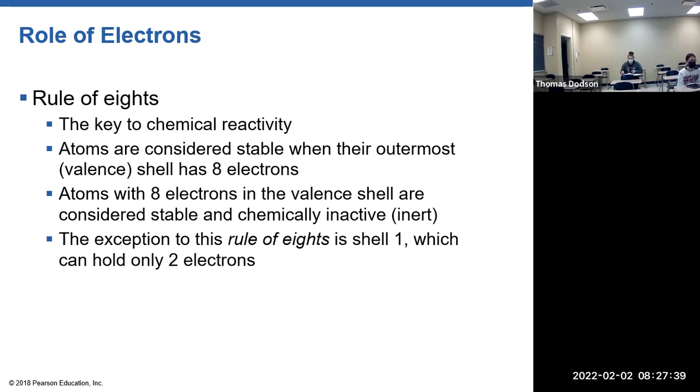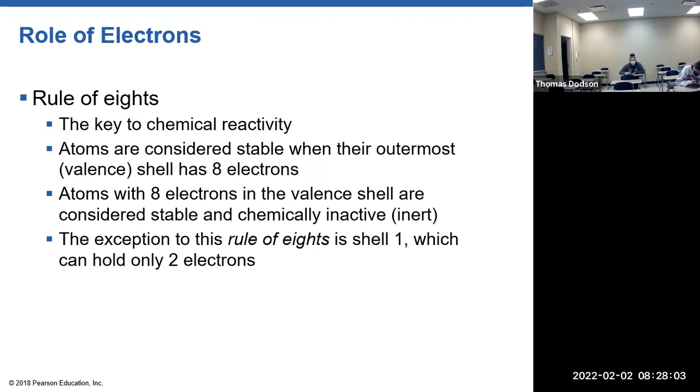And usually you're full or stable when you have 8 electrons on that outer part. Of course, there's an exception with hydrogen, because it doesn't have 8 on the outside. It's got just 2 spots.